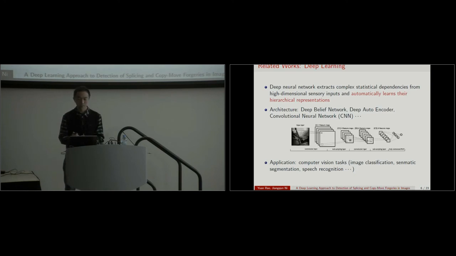Then we naturally thought of a very hot technology nowadays, deep learning. Deep neural networks can extract complex statistical dependencies from the input, and then automatically learn their hierarchical representations.